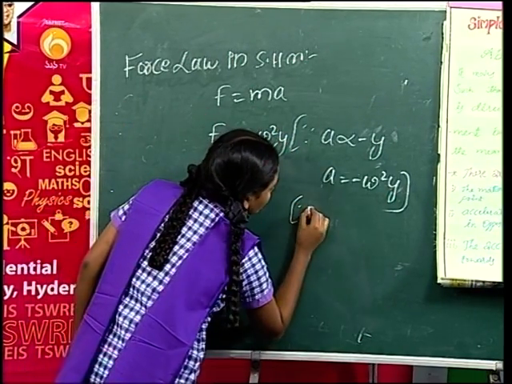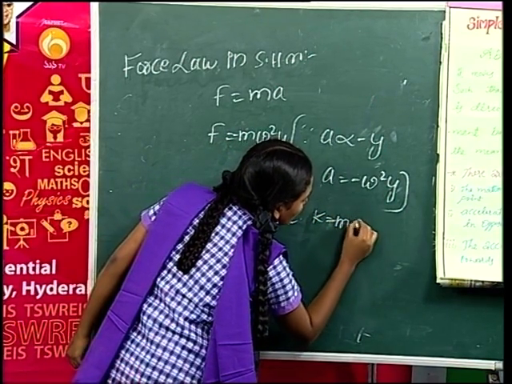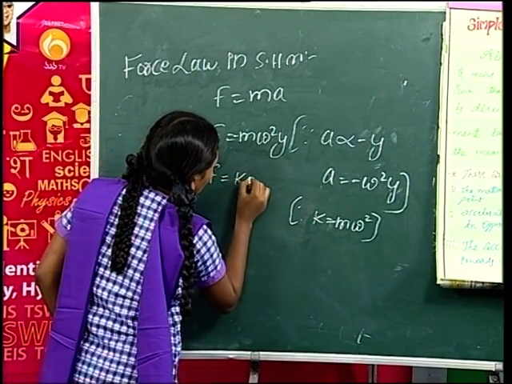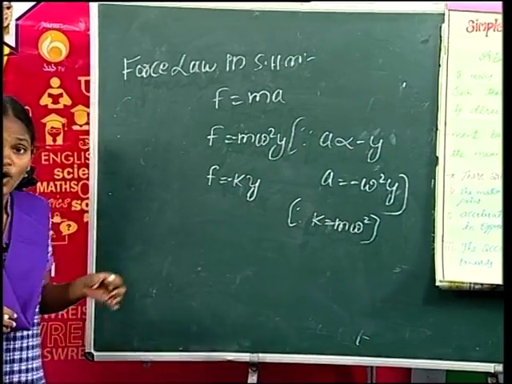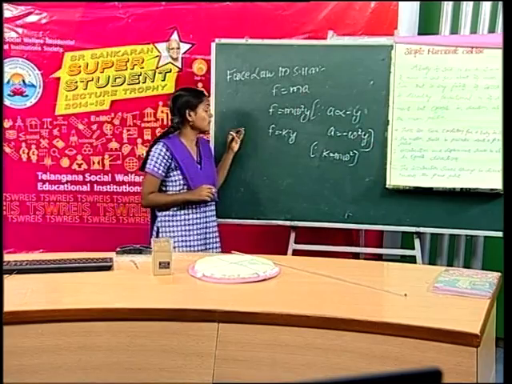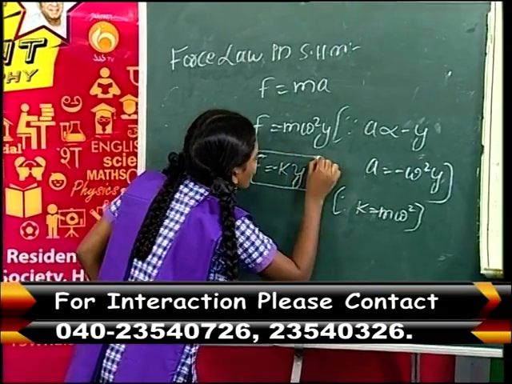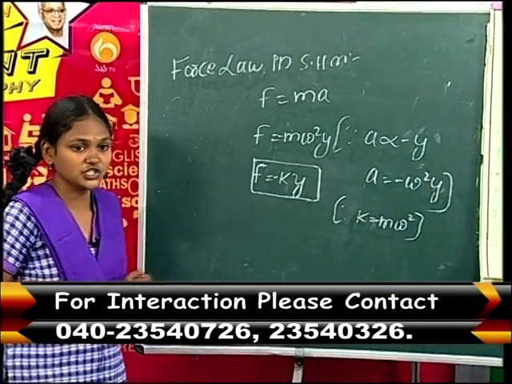Here let k equal minus m omega square. Then F equals minus ky. If a body is in SHM, the force law of SHM is F equals minus ky. It is the force law in SHM.